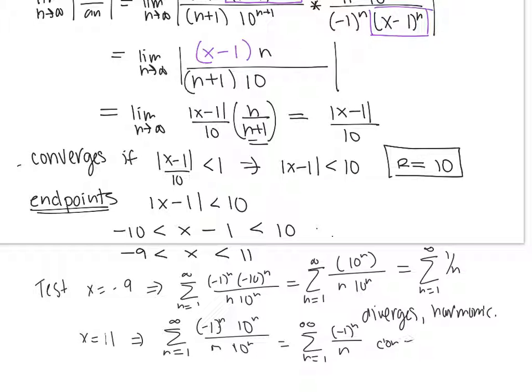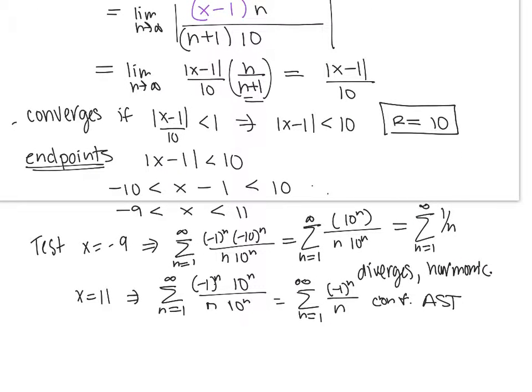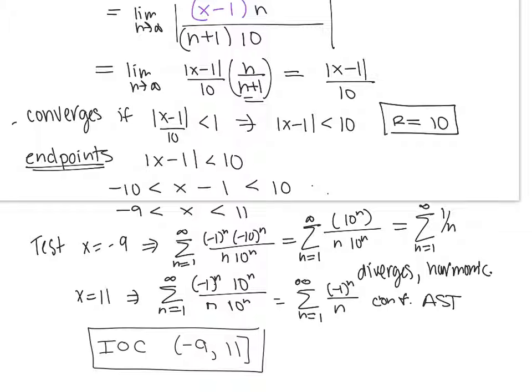That would converge by the alternating series test. It's kind of the typical example of a conditionally convergent series. So your interval of convergence does not include negative 9, but does include 11. Or you could say negative 9 less than x less than or equal to 11. That's the same thing.